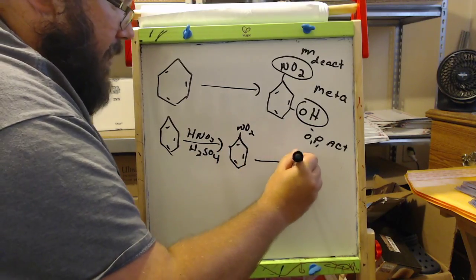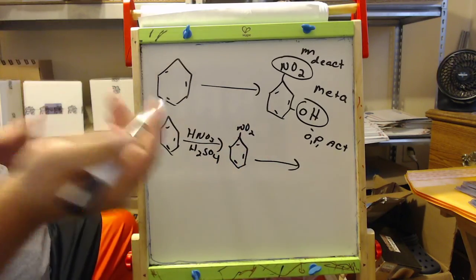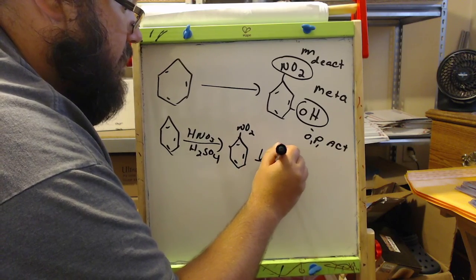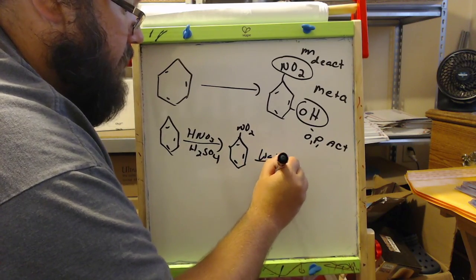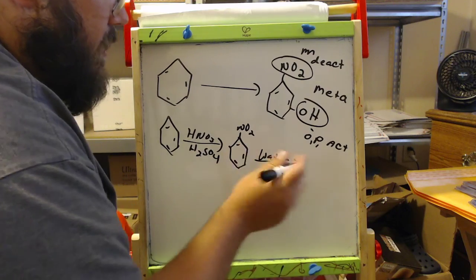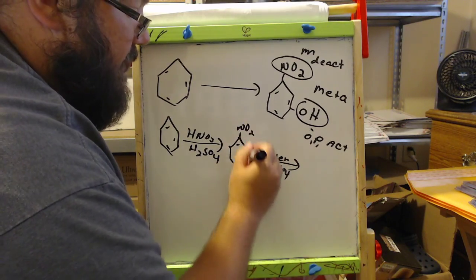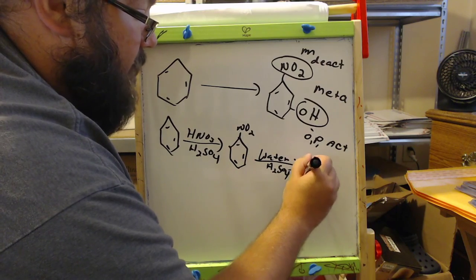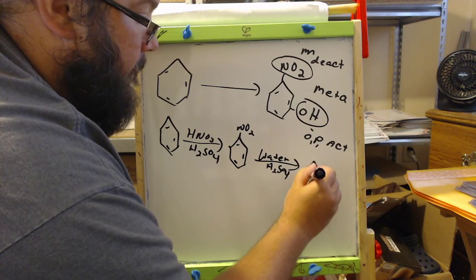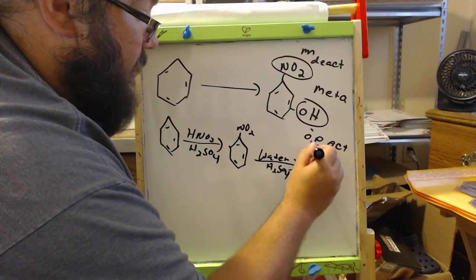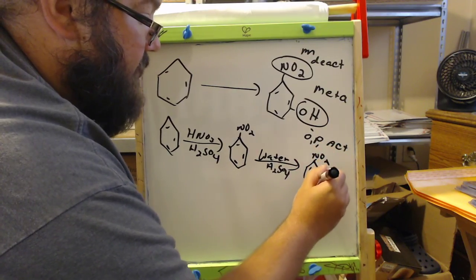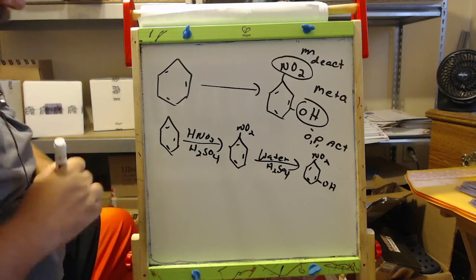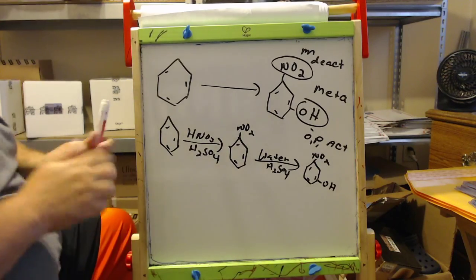And then I could add my OH group, just like I would add any alcohol group. I could use water and H2SO4 if I wanted to. And where's it going to send it? Well, now that this is on, it's going to be slower, but it's going to add the OH group. And that would be the proper way to do it, because it's going to add it in the meta place.